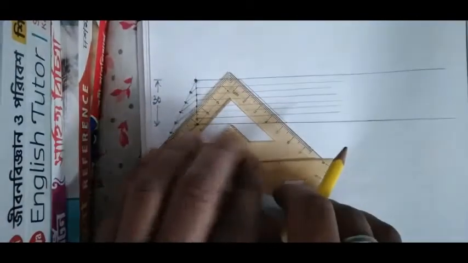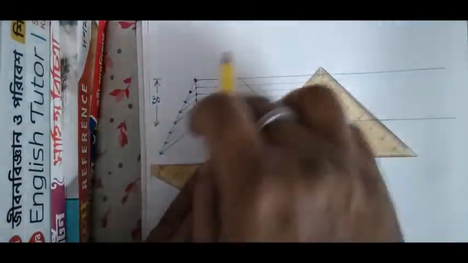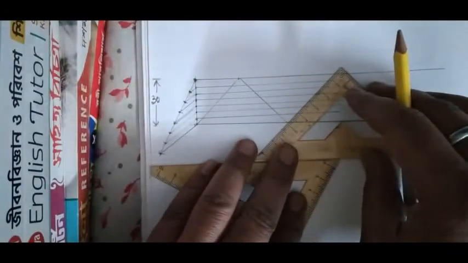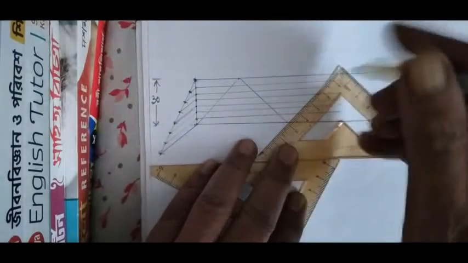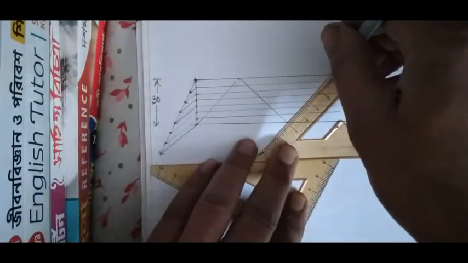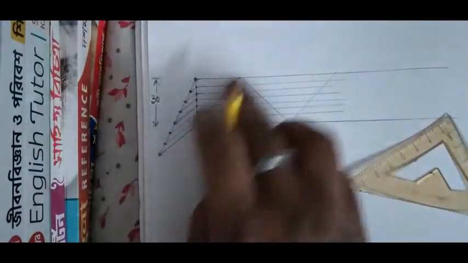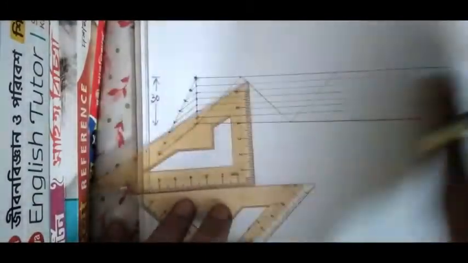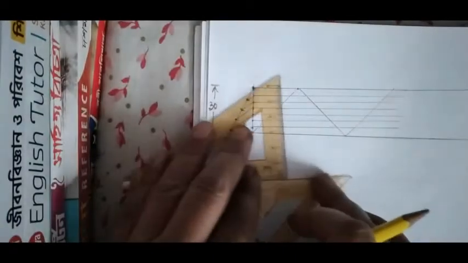Similarly, we do the same thing throughout the line. Similarly, draw again a 45 degree line from this point. Now it becomes a zigzag. Then place your set square with the help of the T and draw vertical lines.